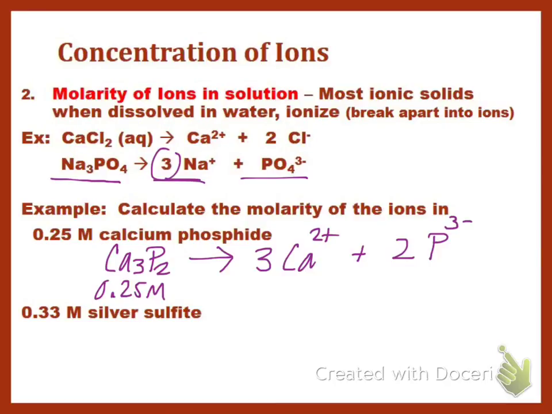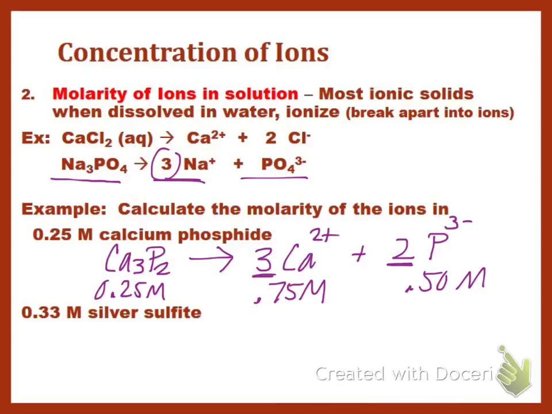So the calcium ion concentration would actually be 0.75 molar calcium and 0.50 molar phosphide. So that's the way that works. Whatever coefficient is here, you just multiply the molarity by it.